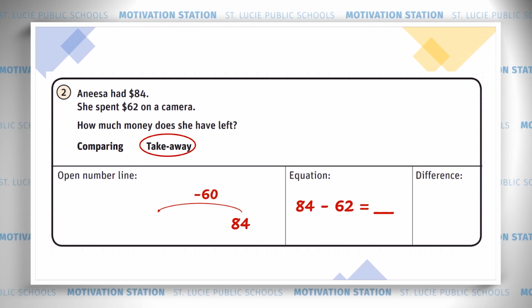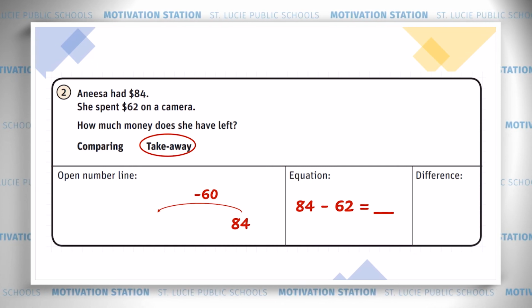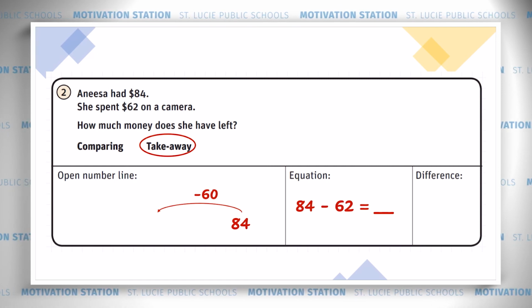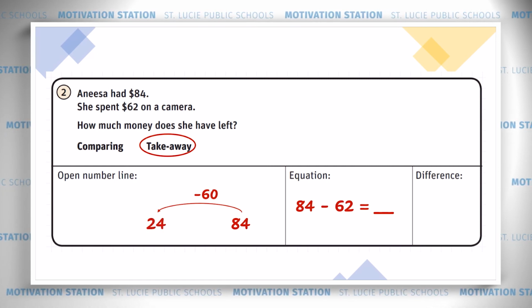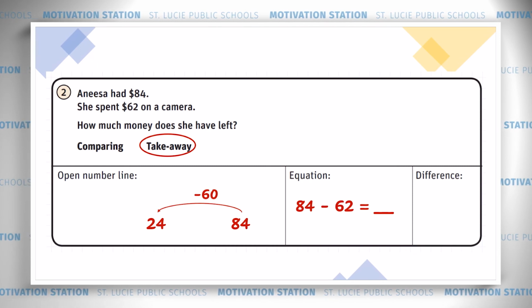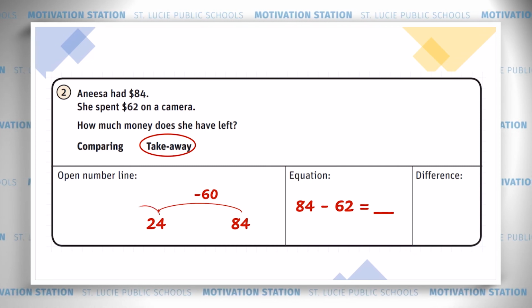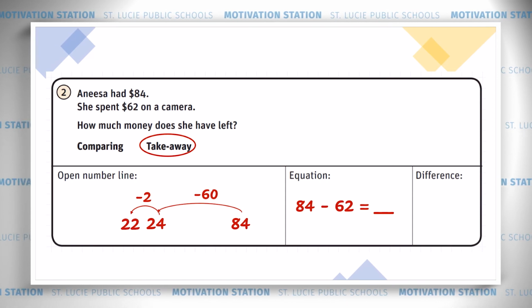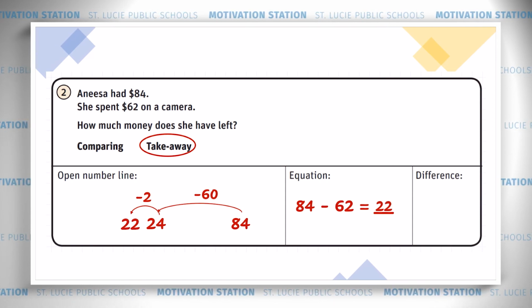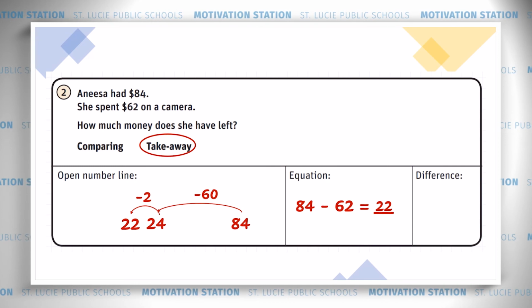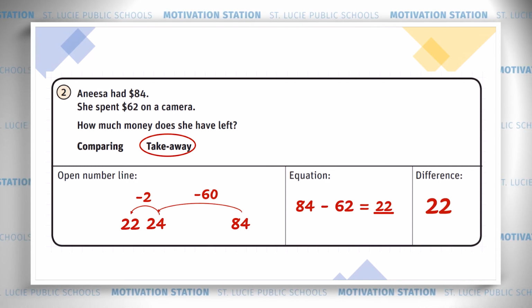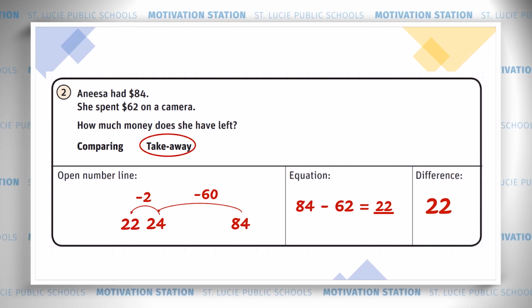Remember, you can always count back by tens or use your hundreds chart, but we know that 84 minus 60 is 24. And we need to take away the 2. 24 minus 2 is 22. The answer is 22. So we write that in the difference. How much money does she have left? $22.